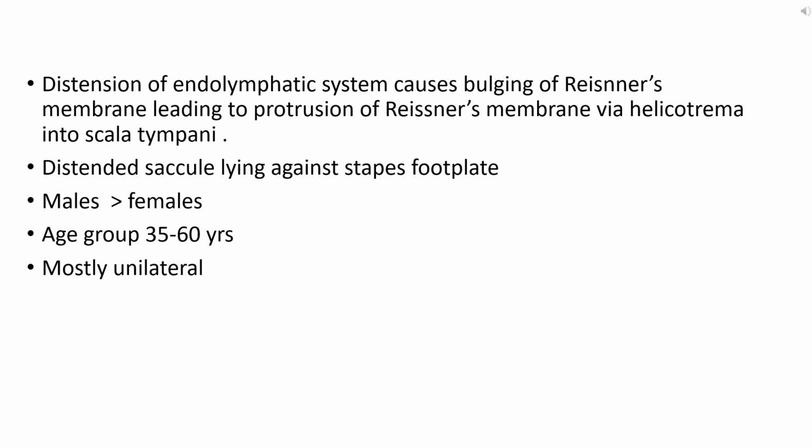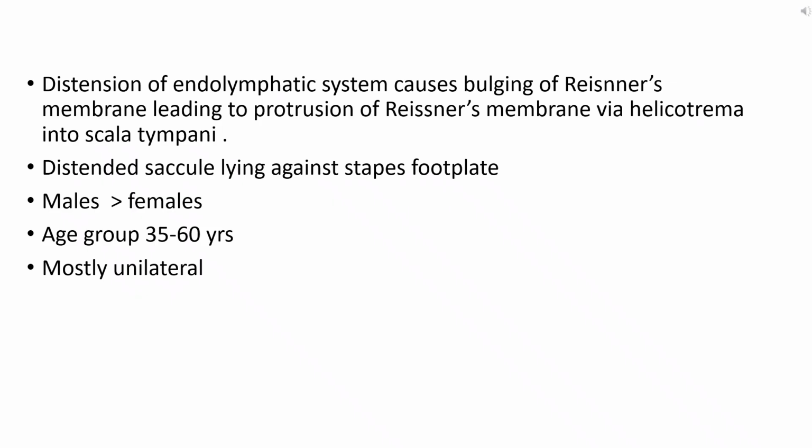I have also explained in previous slides what happens basically in Meniere's disease: there will be distension of the endolymphatic system, which can be due to any cause, that is increased production of endolymph or defective absorption of endolymph, that will lead to bulging of Reissner's membrane. If Reissner's membrane gets ruptured, the perilymph and endolymph will get mixed, and it will lead to the symptoms of vertigo, sensorineural hearing loss and many other things.